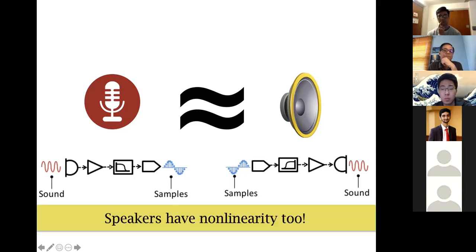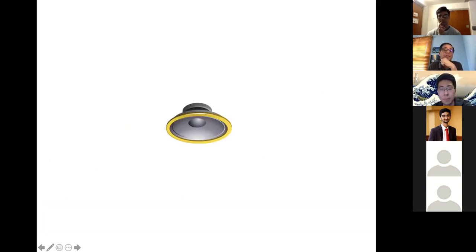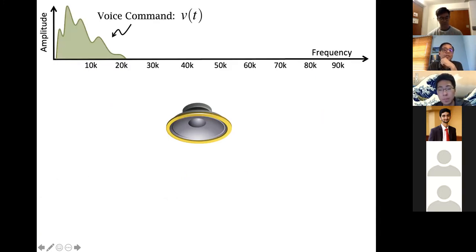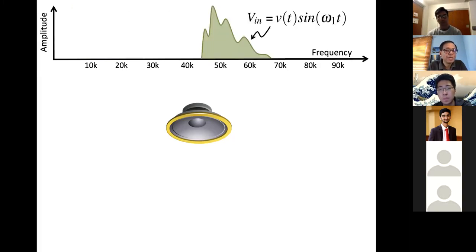Now what do you do? Speakers have nonlinearity too. So let's look at what's happening in the speakers. We want to give a voice command V(t). To make it ultrasound, we basically multiply that V(t) with sin(ω1t). Let's say this ω1 is 50K. Maybe you know this, maybe you do not, it doesn't matter. When you multiply with sin(ω1t), it actually shifts in frequency.